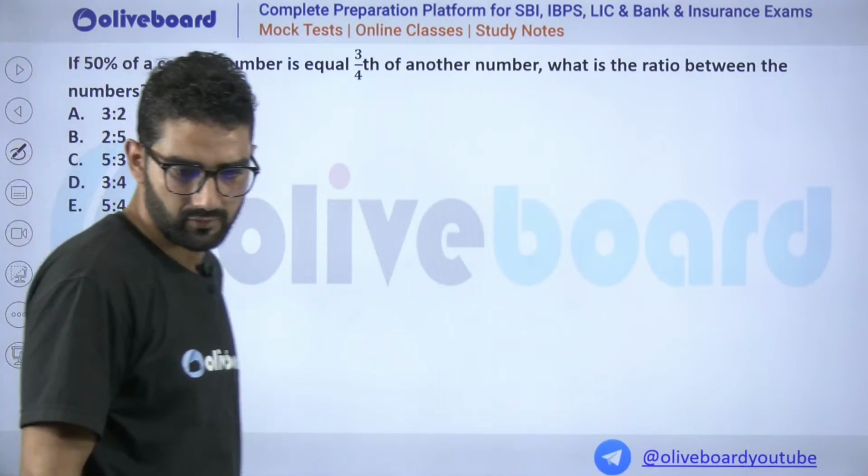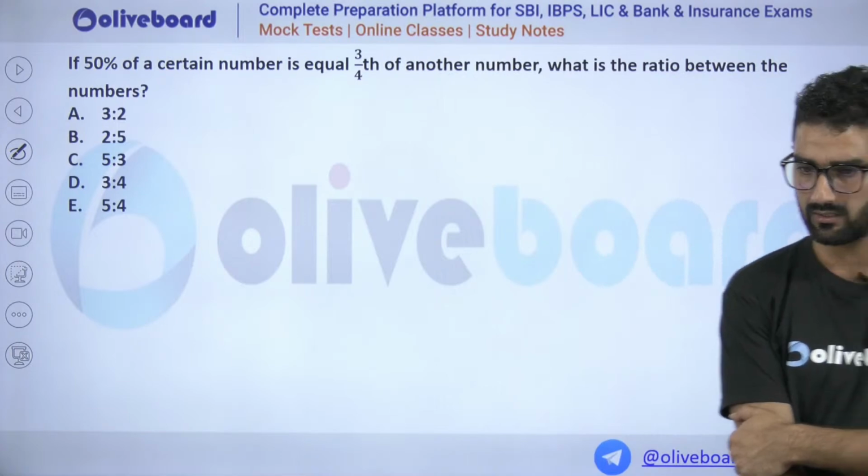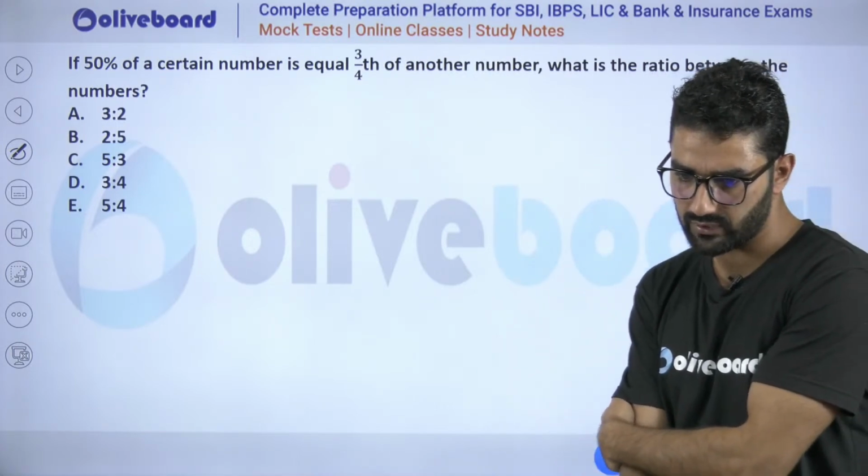Okay, so Leo says sir is A, Anil A, Devi A, Baswaraj sir it is 3:2, Sop 3:2, Anu 3:2.